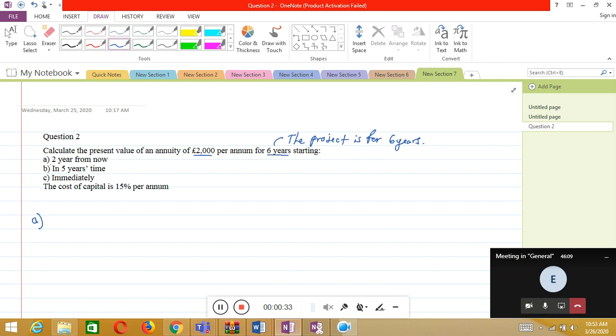Now, when they say 2 years from now, for example, year, net cash flow, discount factor 15%, present value. So when they say 2 years from now, which year to which year?